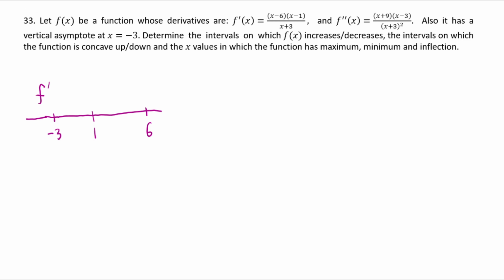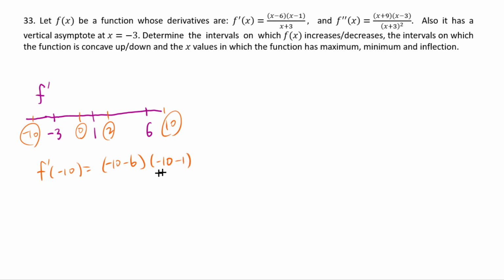We can just pick test points and say, well, here's 0, here's 2, here's 10, and here's negative 10. So use these test points. F prime of negative 10 would be negative 10 minus 6, negative 10 minus 1 over negative 10 plus 3, which is negative 16 times negative 11 over 7.